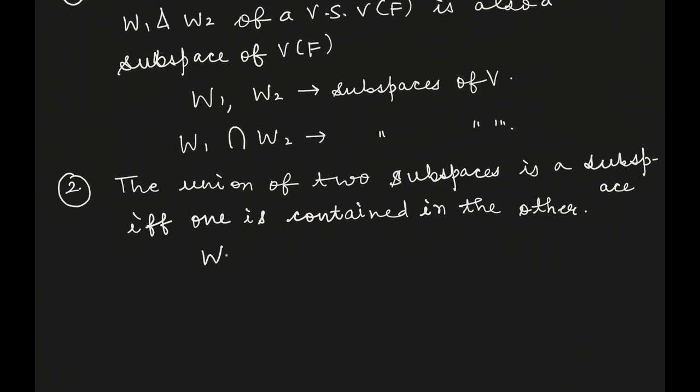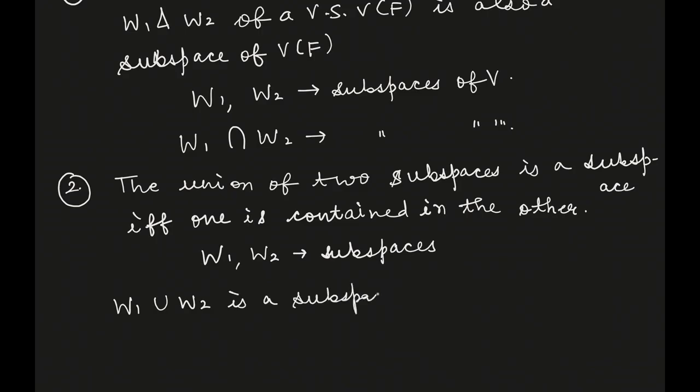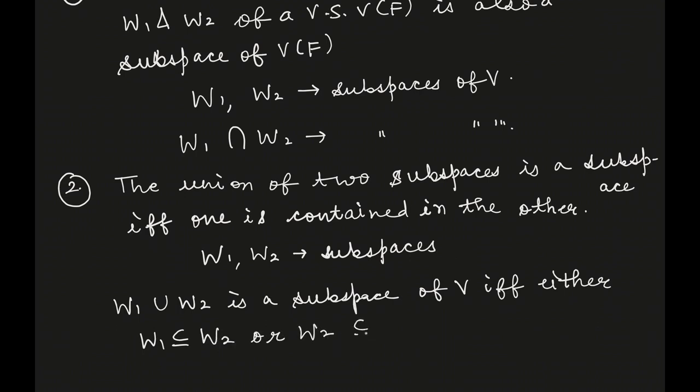Which means if W1 and W2 are two subspaces, then W1 union W2 is a subspace of V if and only if either W1 is contained in W2 or W2 is contained in W1.